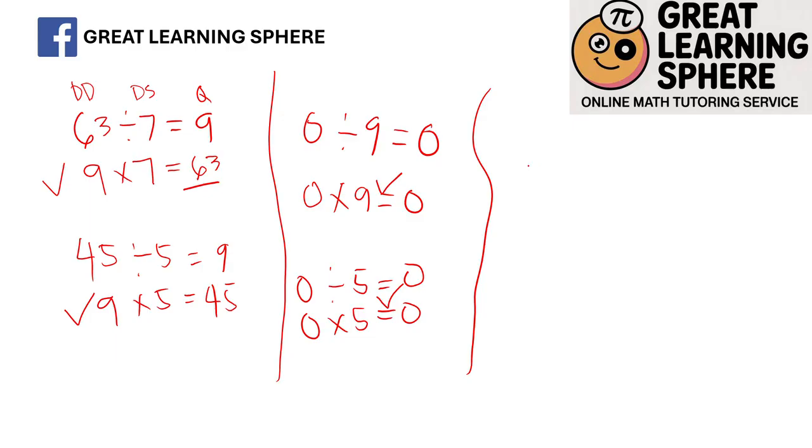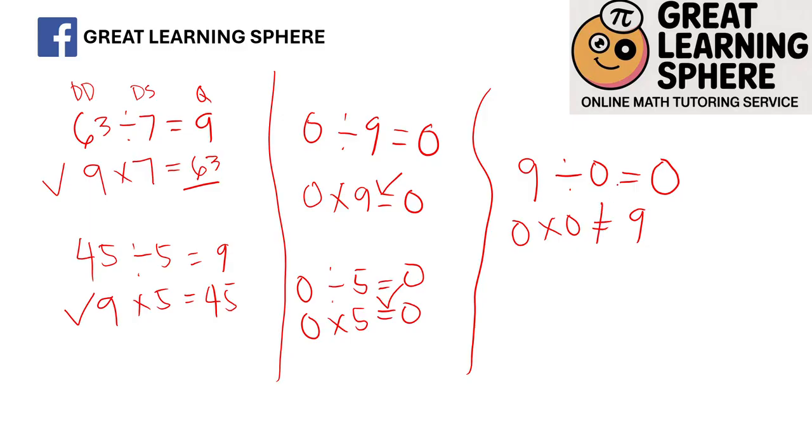Now, what if the divisor is 0? For example, 9 divided by 0. Let us assume that it is equal to 0. So, 9 divided by 0 is equal to 0. If you multiply the quotient and the divisor, 0 times 0 is equal to 9. Is it a true statement? No, it is a false statement.